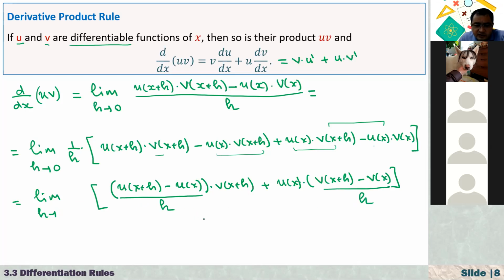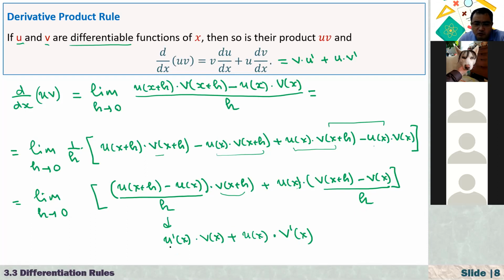Now, this part, u of x plus h minus u of x over h, as h approaches 0, gives us u prime of x, times v of x plus h, which approaches v of x when h approaches 0. Plus u of x, which does not depend on h, so with respect to h it is just a constant, times v of x plus h minus v of x over h, which gives us v prime of x.